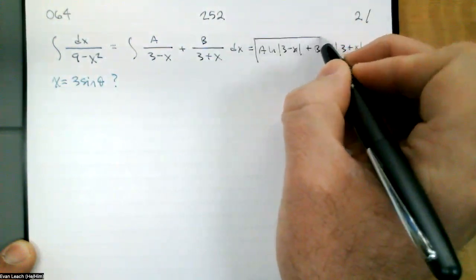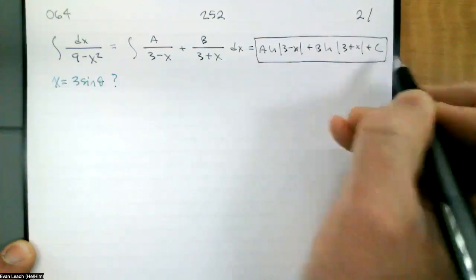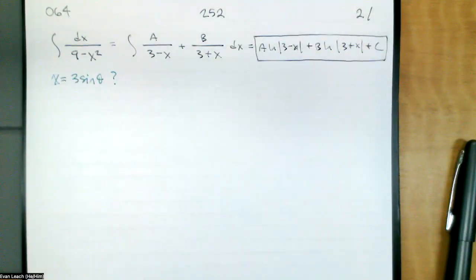Now we'd need to go and figure out what A and B are. The 9 minus x squared is factorable. The reason we didn't do it on a 9 plus x squared is because 9 plus x squared is not factorable.